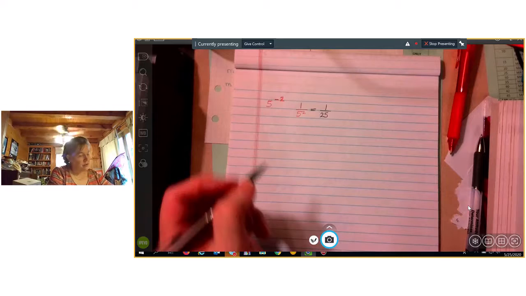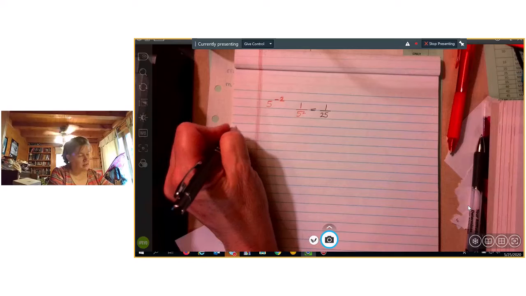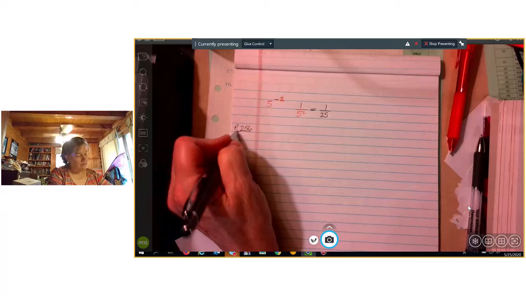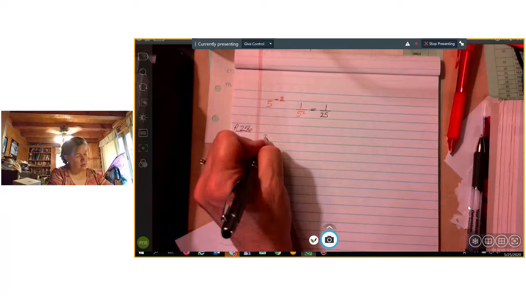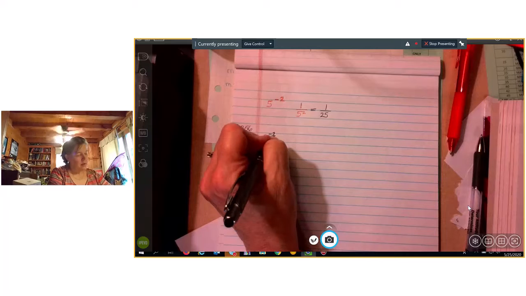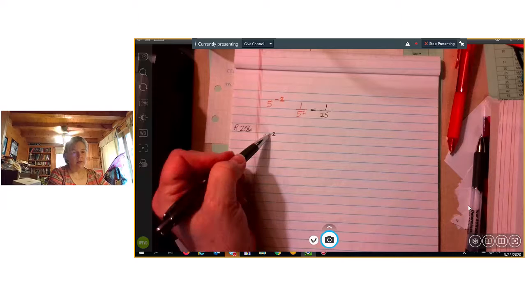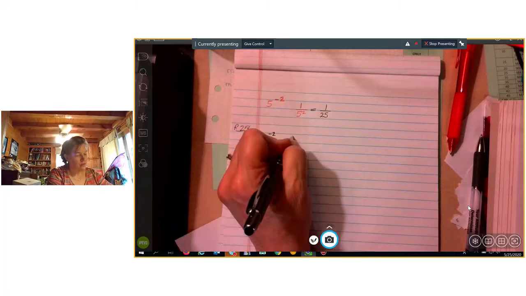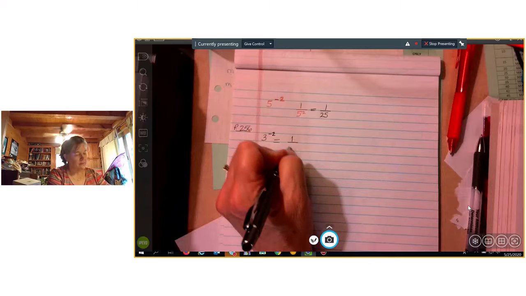So an example on page 256, and it's already given, but I'm going to work through it. We have 3 to the negative 2. This negative, before I do anything, automatically tells me I need to rewrite this as 1 over 3 squared.